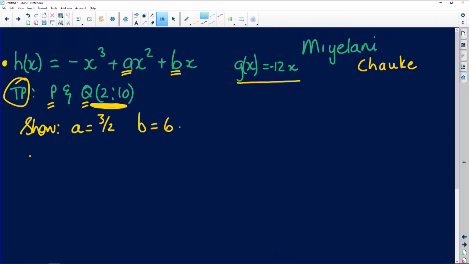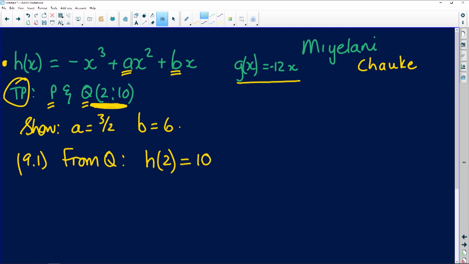First of all, from point Q, we extract 2 bits of information. First, h at 2 is 10. That is just using the coordinate pair as given.